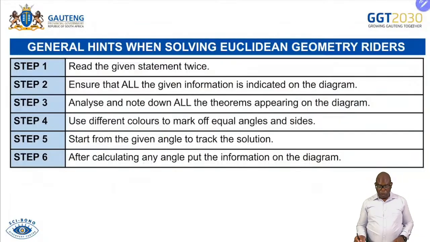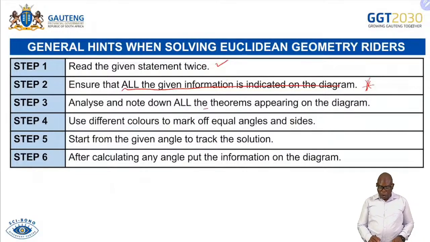And let me take this opportunity to give you the general hints when solving these riders. You must read the statement. Sometimes the statement is hidden in the words there. And then you need to read the given statement twice. Ensure that all the given information is indicated on the diagram. This is also very, very, very important.